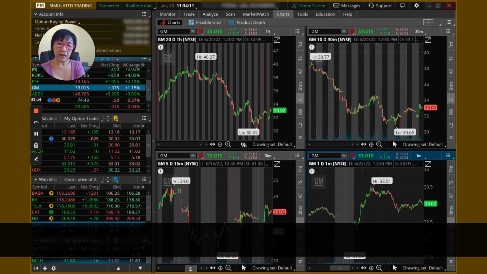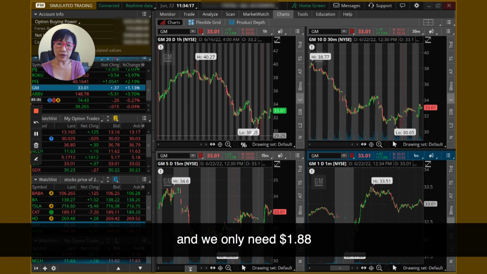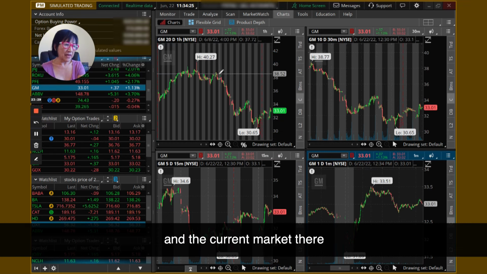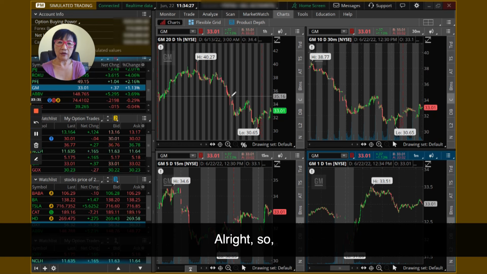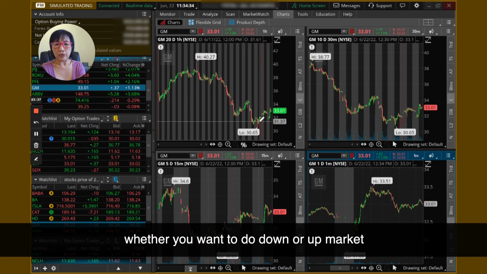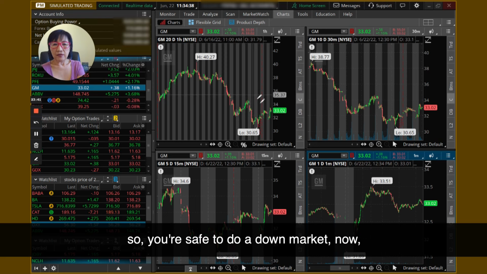And within the 20 day chart, again, there's a $3 difference here. And we only need a $1.88 movement between the break even and the current market there. All right. So that's how you look at it and decide whether you want to do down or up market. So you're safe to do a down market.